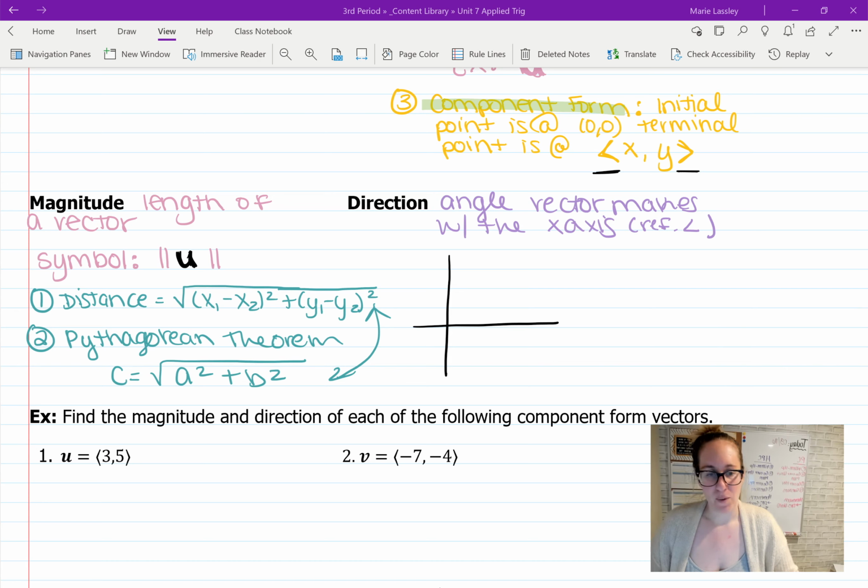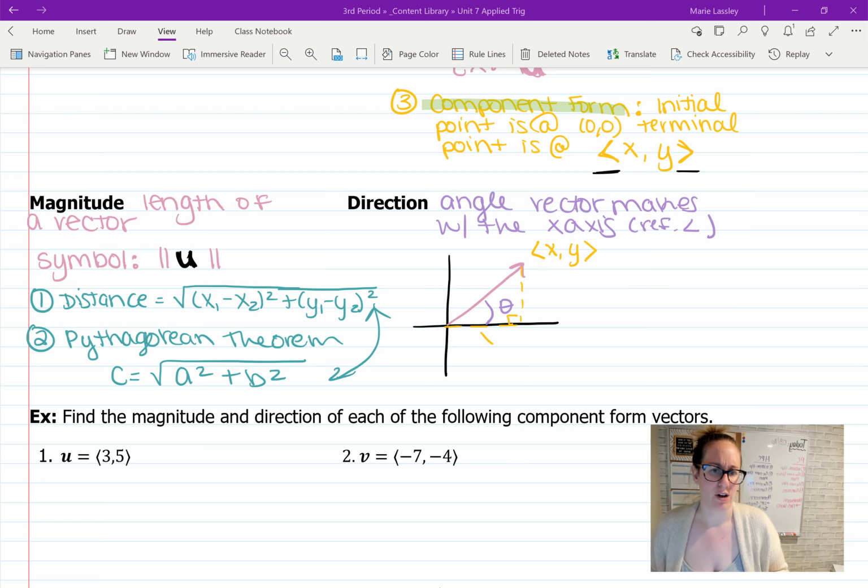It's that angle right there, our reference angle. How we're going to find that is we're going to drop it down and draw across, make ourselves a little right triangle. Whatever this point is, it's going to be some x comma y, our terminal point right there. So this is our x value, this is our y value.